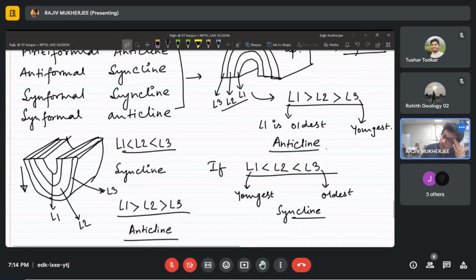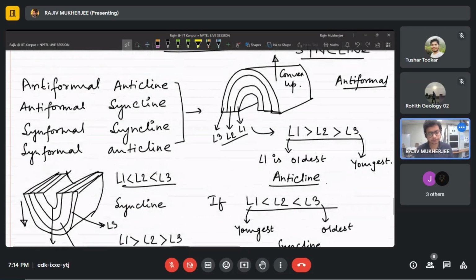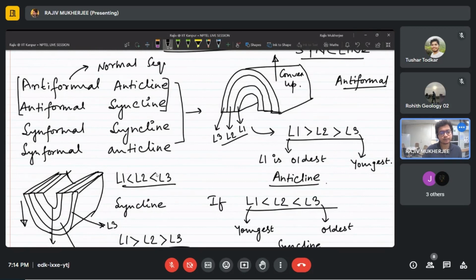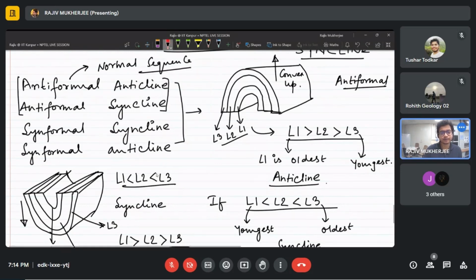So normally these two are normal sequence, right? But these two are inverted sequence.